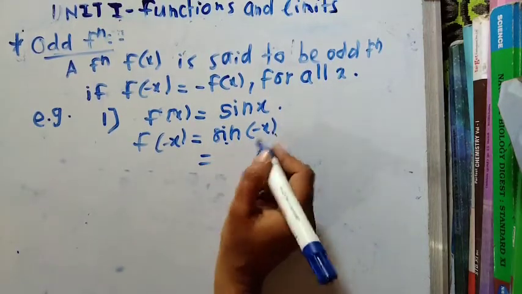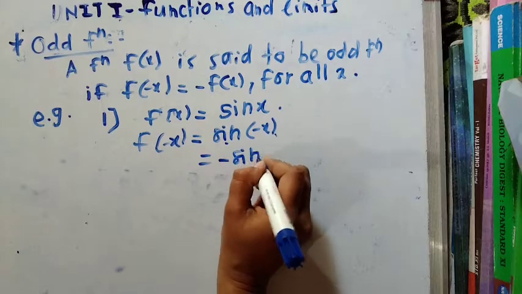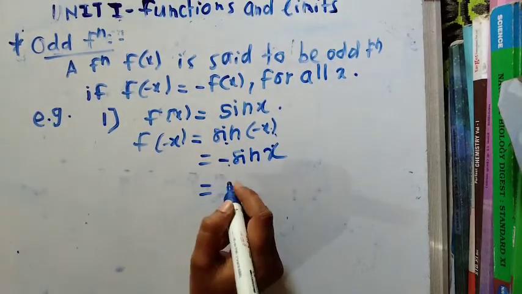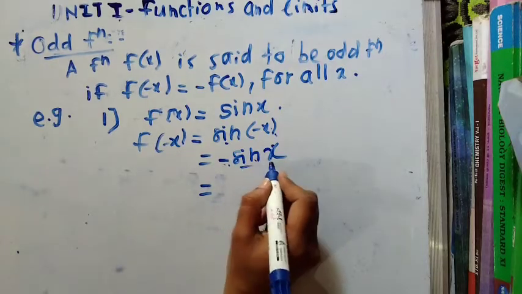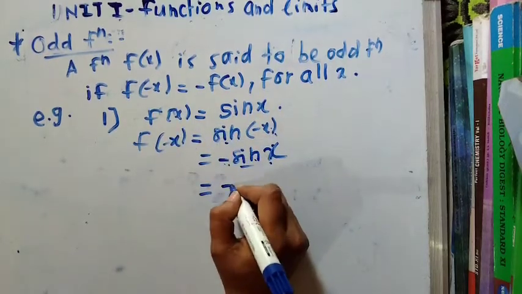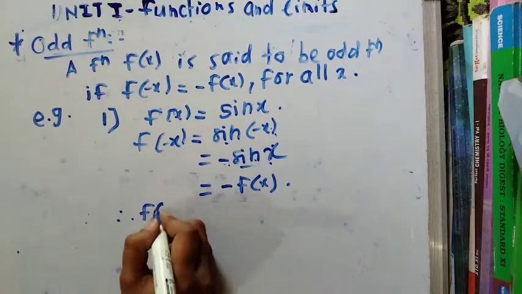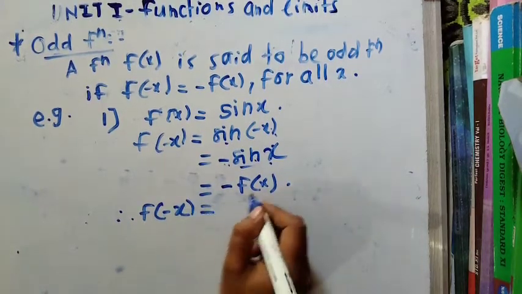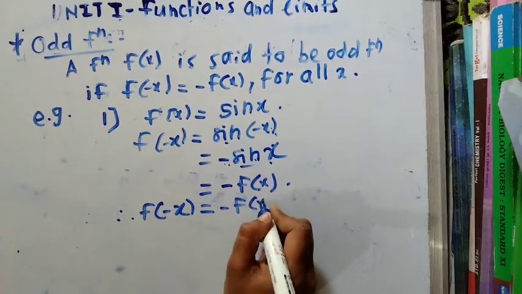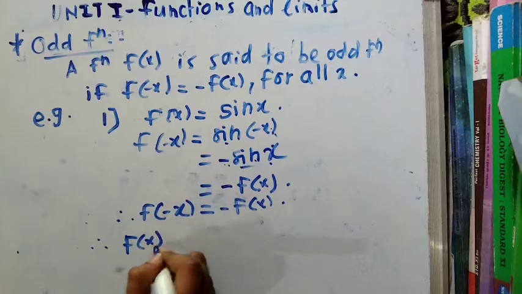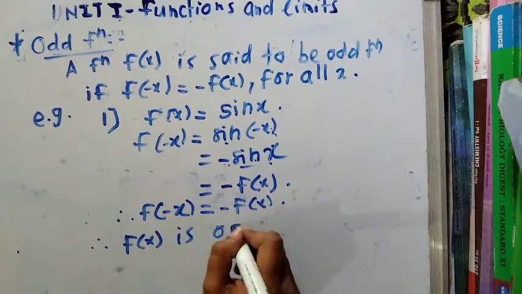But sin of minus theta is minus sin theta, and since sin x is f of x, this is minus f of x. So here f of minus x is equal to minus f of x. Hence f of x is an odd function.